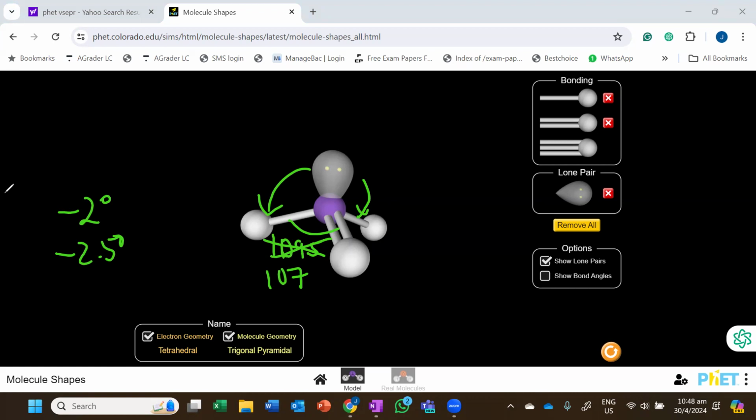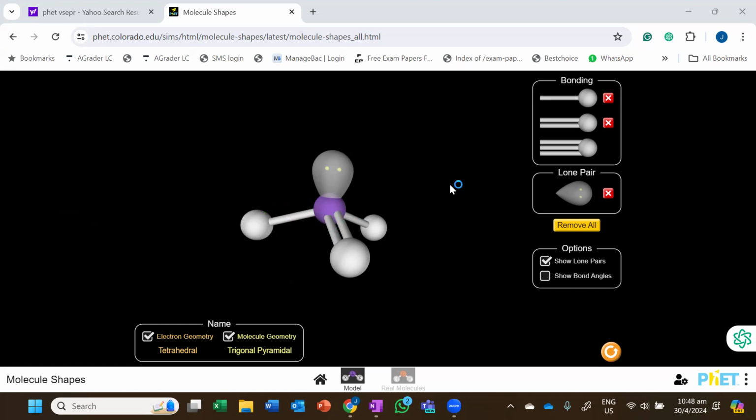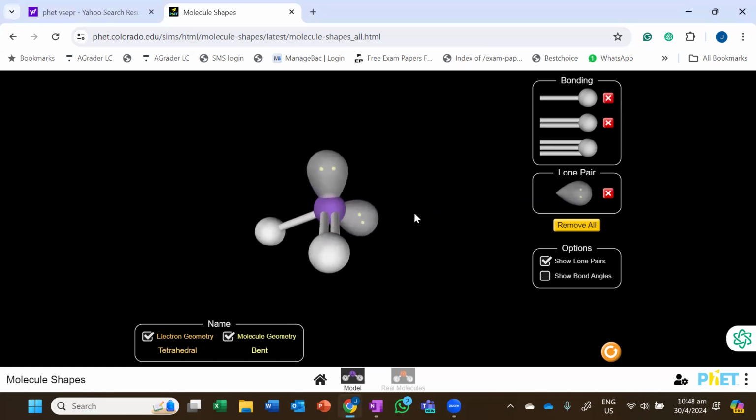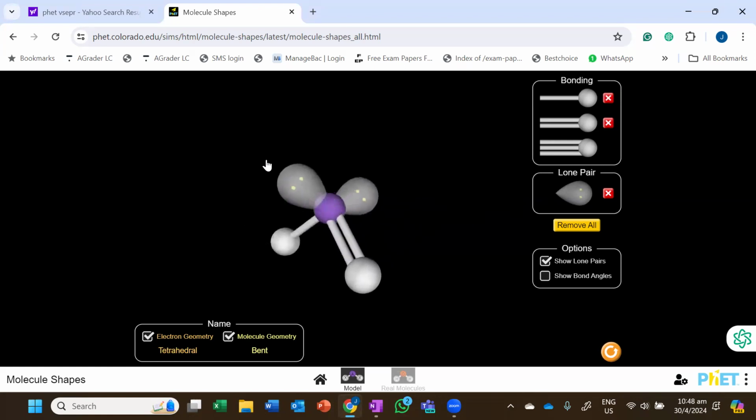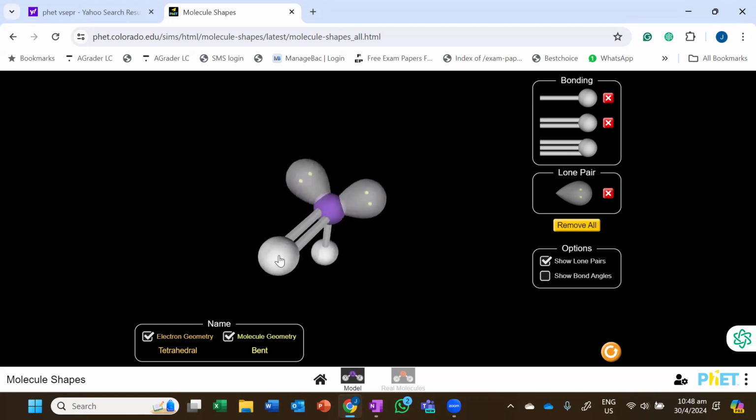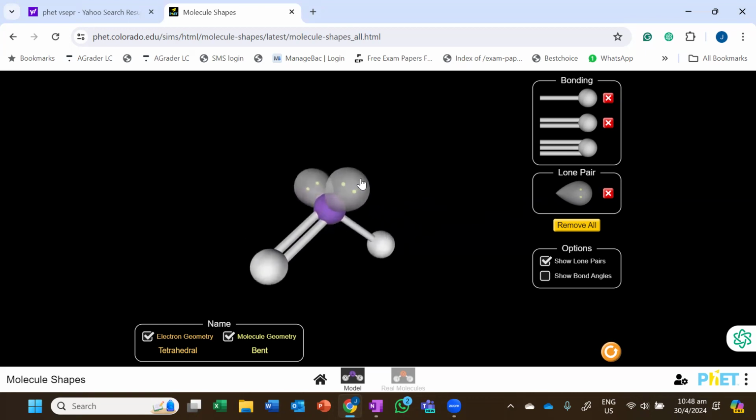Now, if I have two lone pairs instead of one, like this, it again starts off from 109.5 because that gives us the angle that we will modify from.